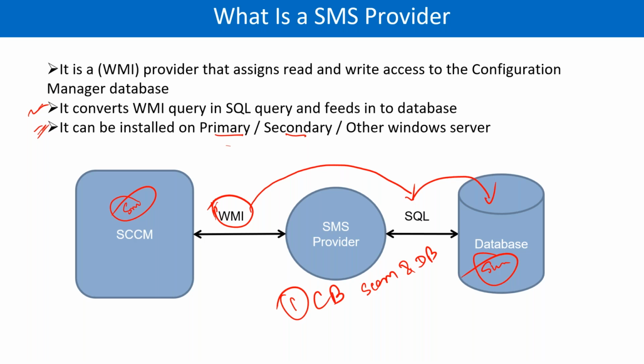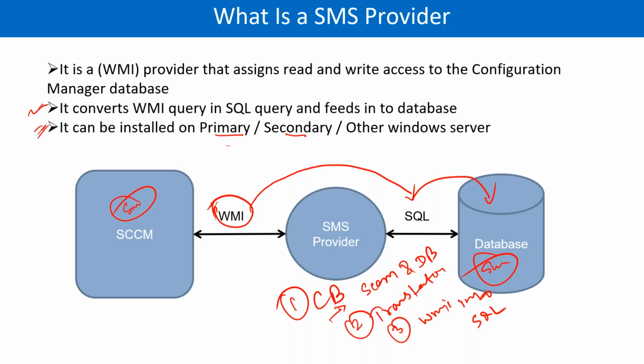Got it. So SMS provider, it's a communication bridge between SCCM and the database. Then it is a translator. Third, it converts WMI into SQL and vice versa. WMI into SQL, SQL into WMI.